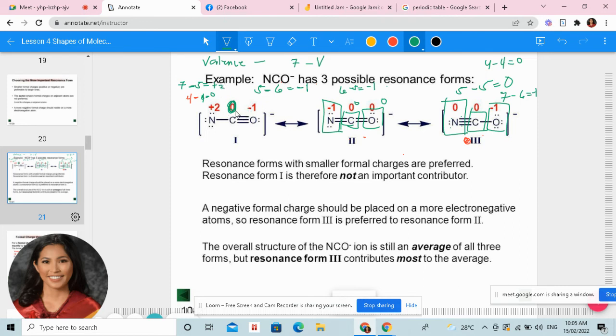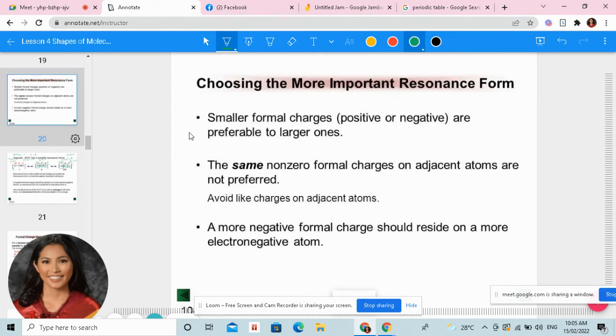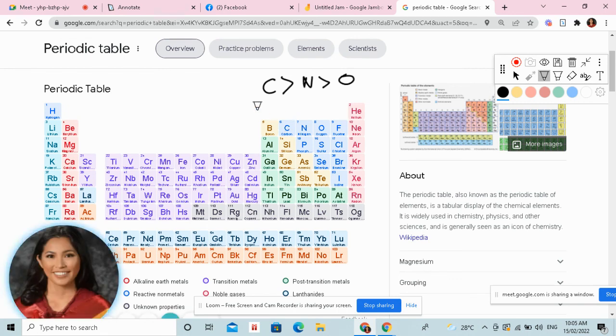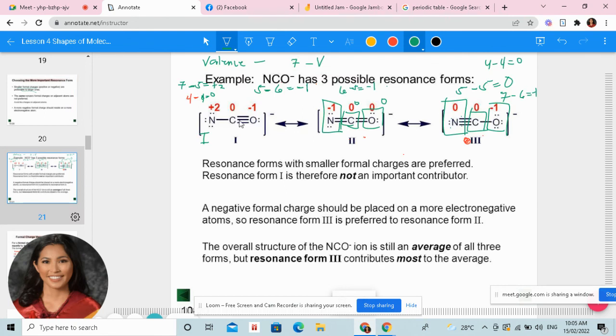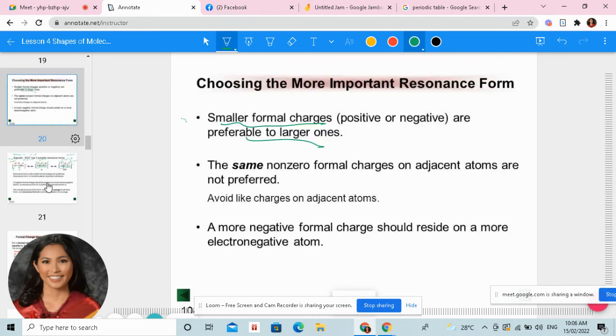Then the others are 0, -1. So structure 1 does not obey rule 1, because the smallest formal charge should be placed on the largest atom. Carbon is the largest among the three atoms, however its formal charge is not the smallest. It should be -1. So structure 1 is wrong.